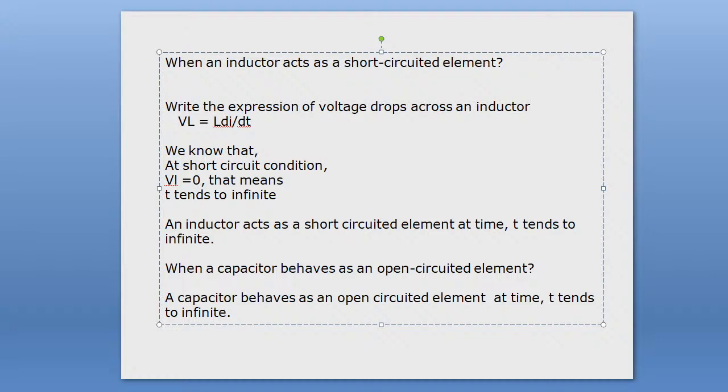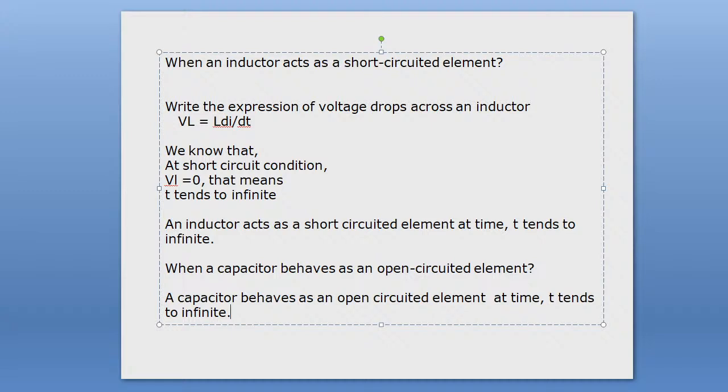On the other hand, a capacitor acts as an open circuit element at t tends to infinite and a short circuit element at t tends to 0. That is the vice versa of the inductor. Okay.